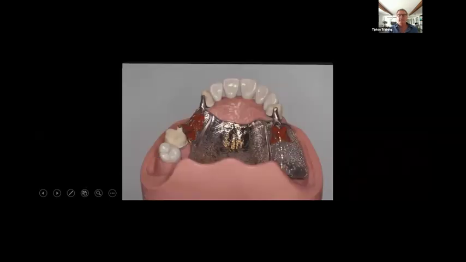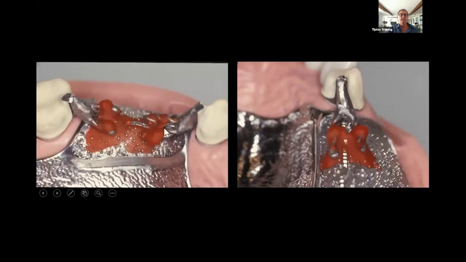We do exactly the same thing in the upper. Add the Duralay between the struts in the upper and the metal base. And again, here's our struts now attached. So everything in the mouth is now passively seating together.